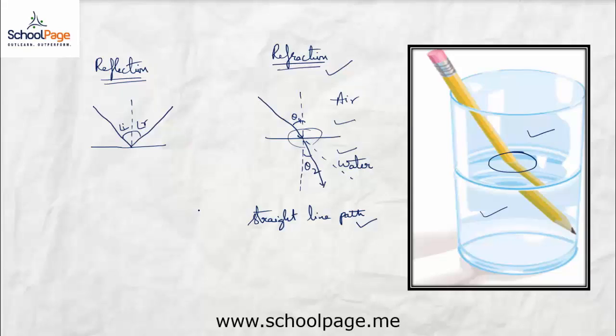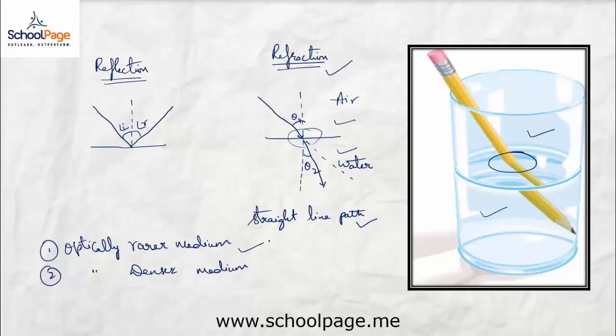Two terms are very important to understand refraction of light: optically rarer medium and optically denser medium. They can also be called a rarer medium and a denser medium.